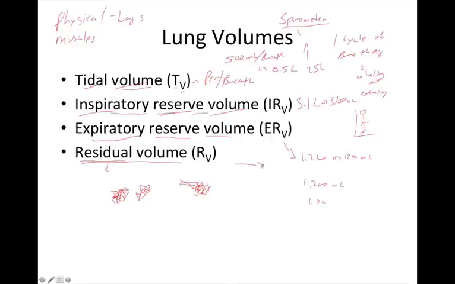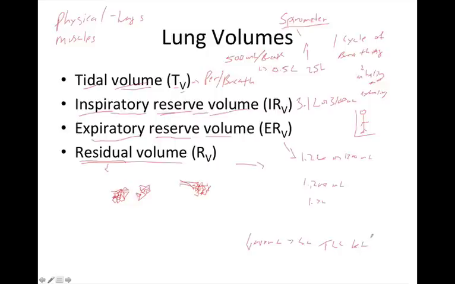So now when you add all these numbers up, you essentially get 6,000 milliliters, or 6 liters. So a person with these values would have a total lung capacity, a TLC, of 6 liters. And that's essentially how we utilize these volumes with our lungs.